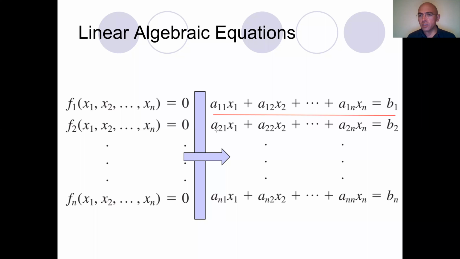Now I go to the second equation. Then I extract the coefficients. Again, I write it as a scalar multiplication of two vectors. In this case, the coefficients vector will form my second row, and it goes like this until the last equation.